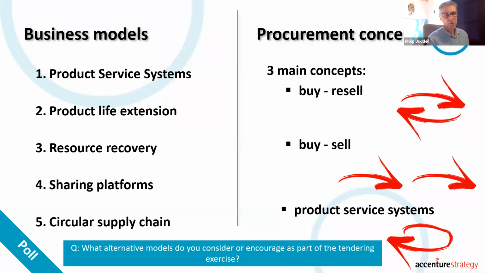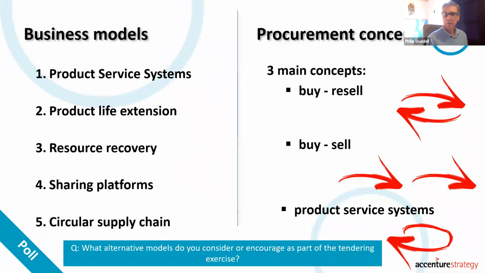But these types of models can be categorized, as this slide shows, in terms of product service systems. So rather than buying a commodity or a product necessarily, you are being provided with a service which delivers the functionality you need through delivery of the product.